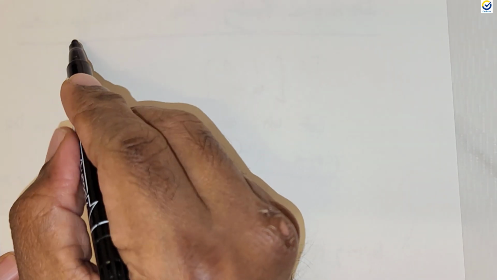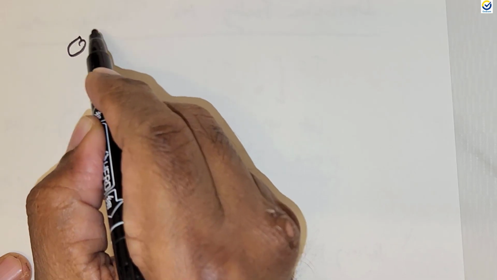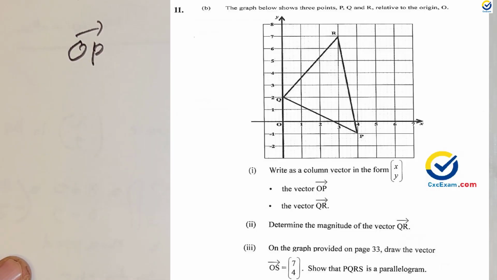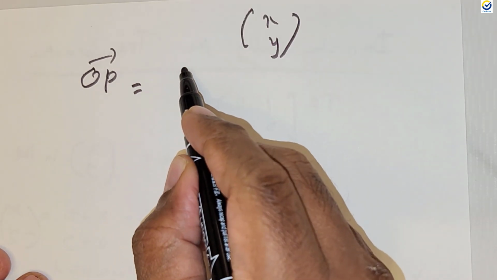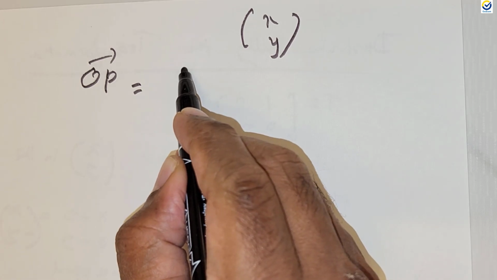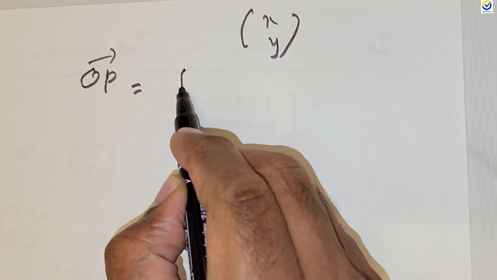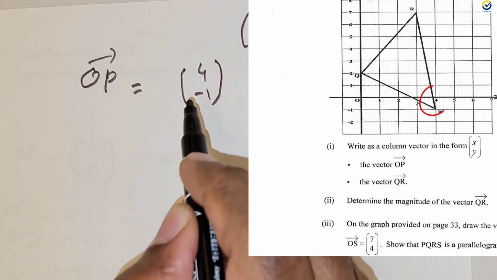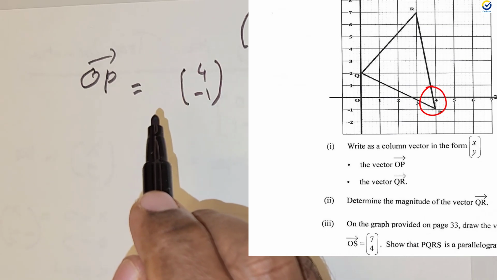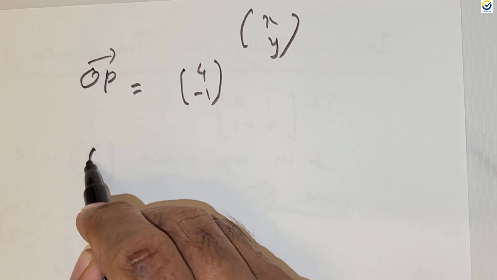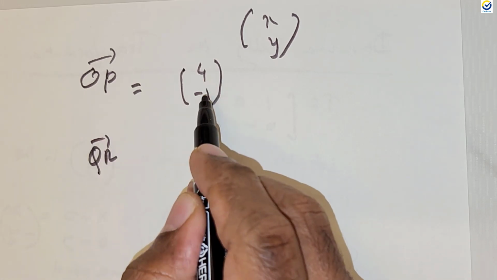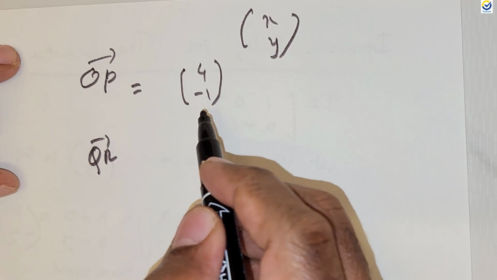Now in this question we are asked to represent the vectors in the form (x, y). The OP vector, clearly from the figure we can see, is going to be (4, -1). Next we will have to get the QR vector. You might be wondering how we are getting this.